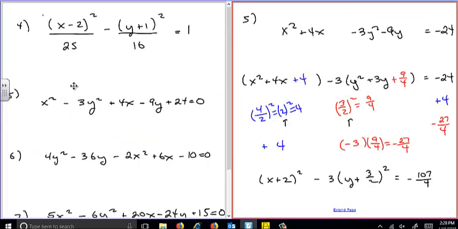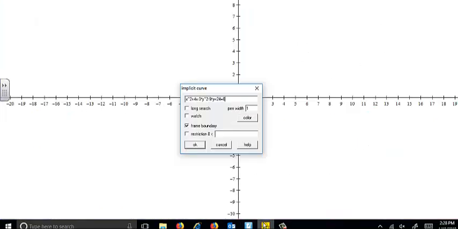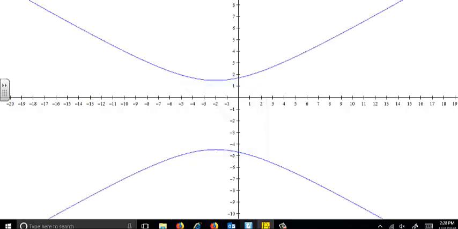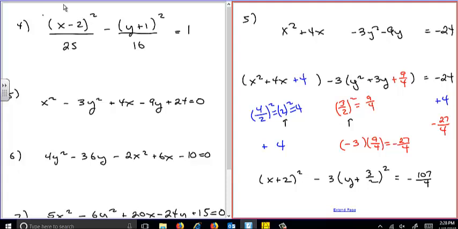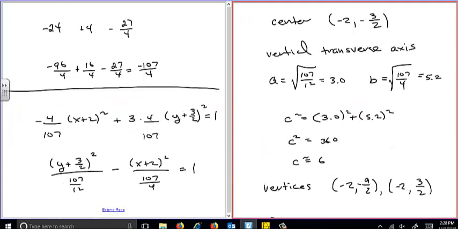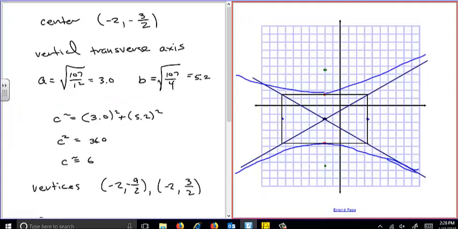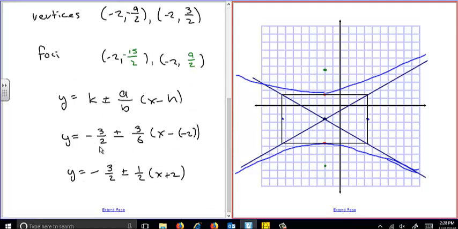So we're down here. x squared minus 3y. Well, yeah, I rearranged it here, so as long as I did that right, okay. So I'm going to say okay. So that's what it looks like. How does that compare to what we came up with here? Looks pretty good.